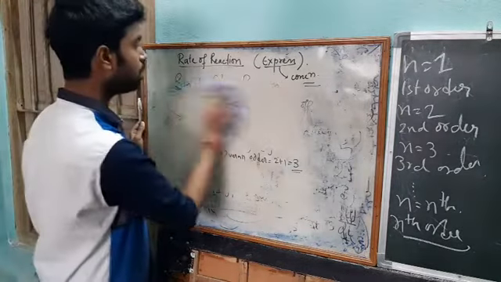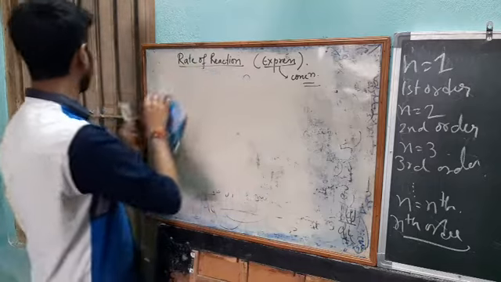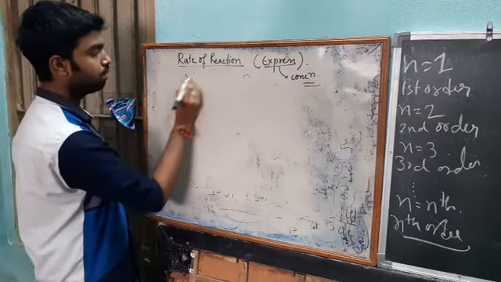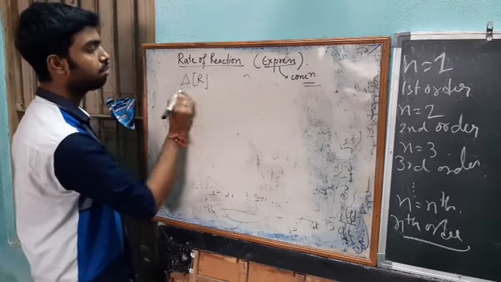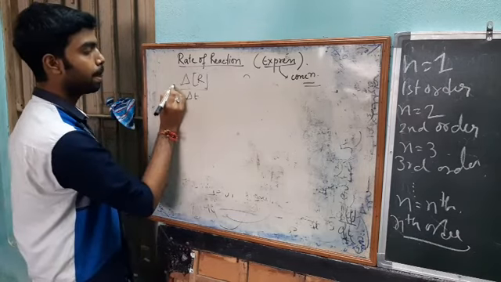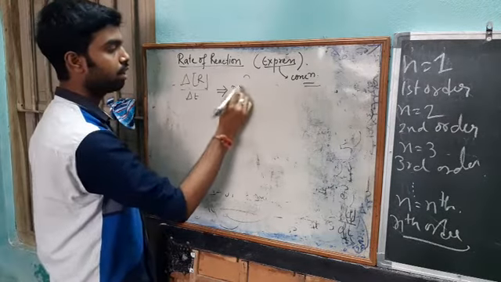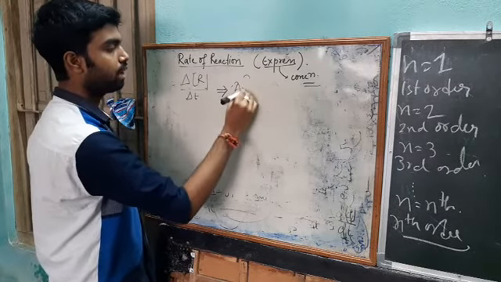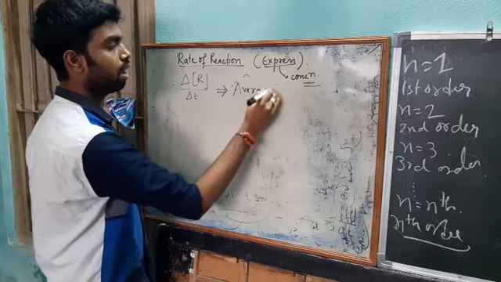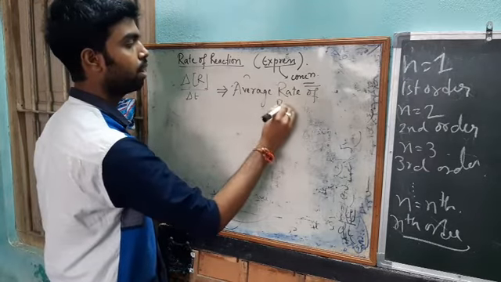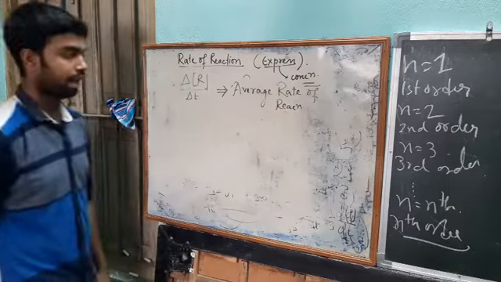Now the last thing of this lecture. When you write the rate of reaction in this way, it is called the average rate of reaction.